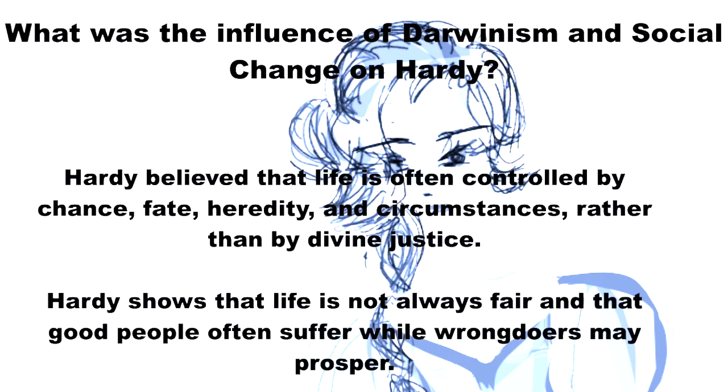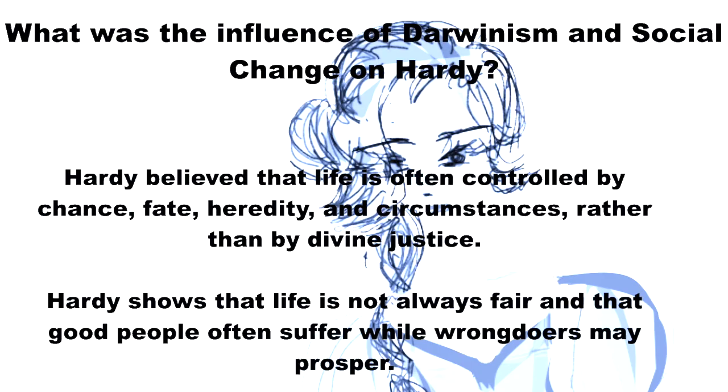In his work On the Origin of Species, published in the year 1859, we get an important insight that is also visible in Hardy's work, where Darwin had argued that life develops through natural selection rather than through a fixed divine plan.